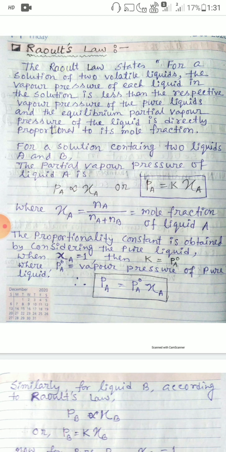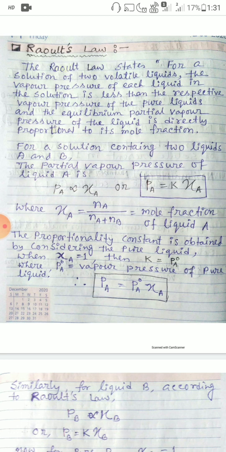So when you take only pure A liquid, the partial pressure Pa of the liquid will be represented as Pa0, that is, the partial pressure in the pure state.